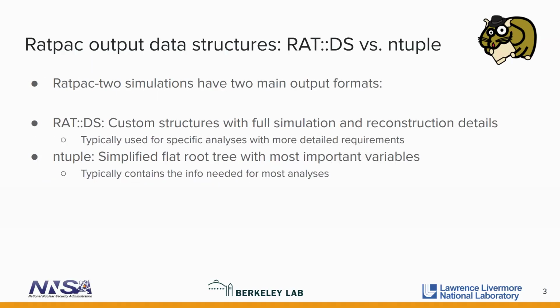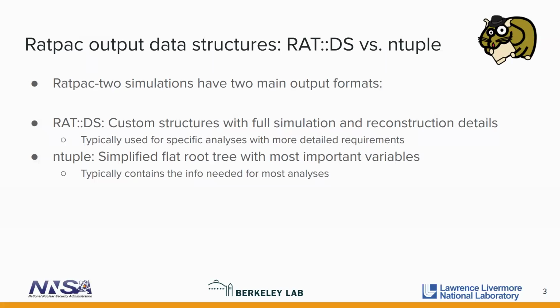So the ratpac-two simulations have two main output formats. First is the DS, which has all these custom structures that we talked about the other day. It can have all the full simulation, reconstruction, everything details.